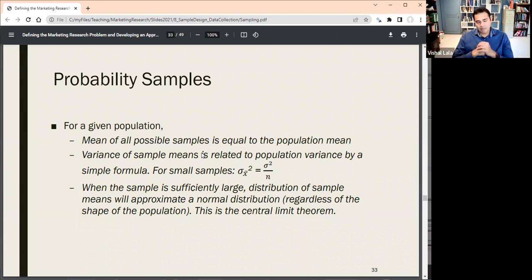Let's think about this one more time. If you would take a population of 100 observations and you were to draw many samples, not all possible samples. As you draw more and more samples, the average mean of all the samples, just average every sample and average those sample means, that average will approach the population mean.